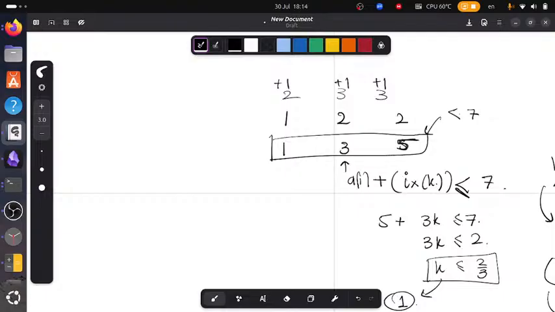So how many days have passed? 1 day has passed, right?